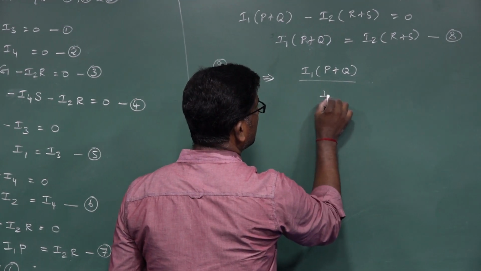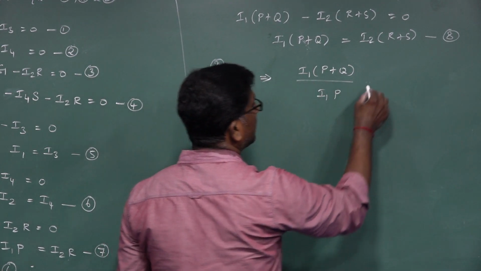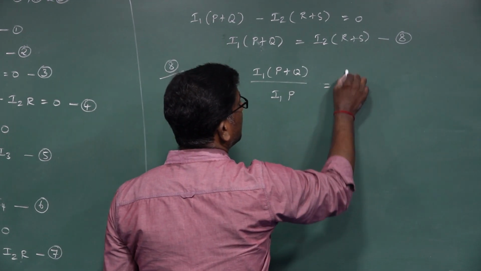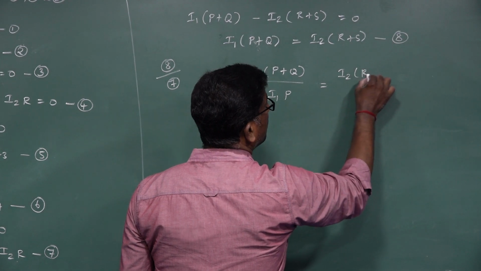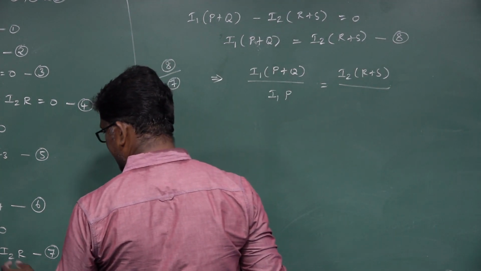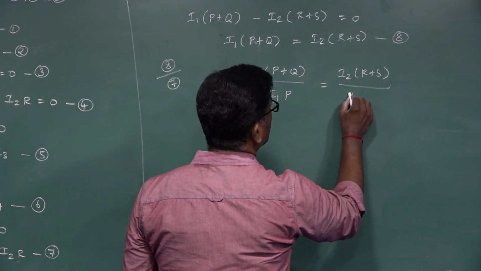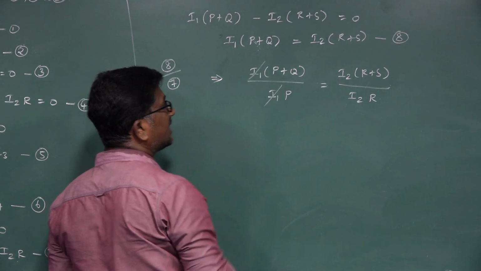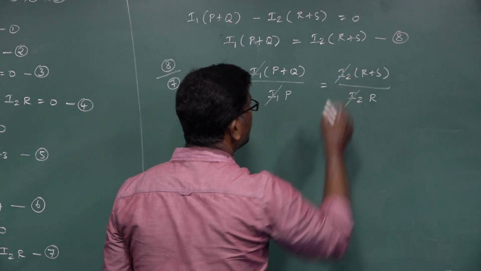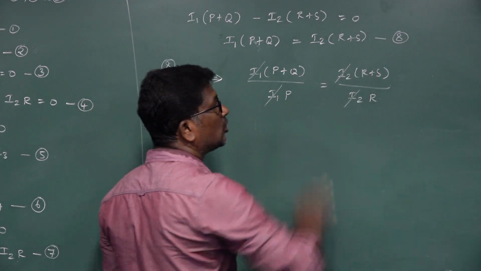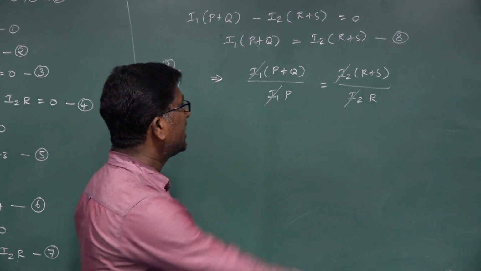So divided by I1P equal to, in equation number 8, right hand side, I2 of R plus S, in equation number 7, right hand side, I2R. I1 cancels, I2 cancels. So P plus Q divided by P is equal to R plus S divided by R.